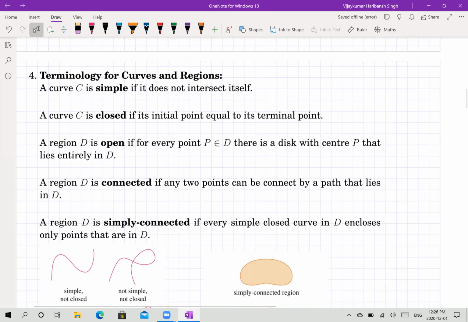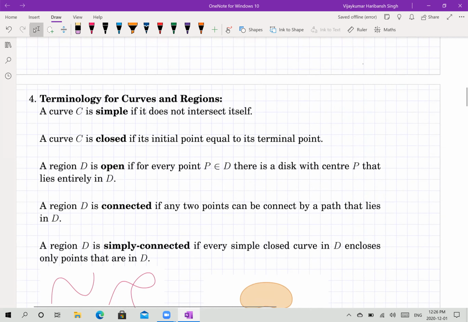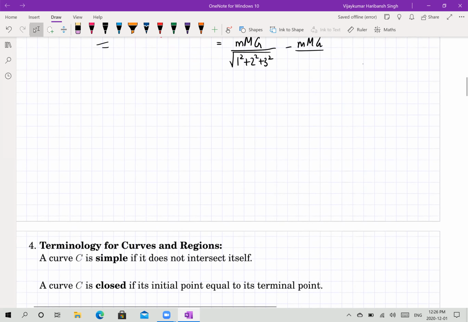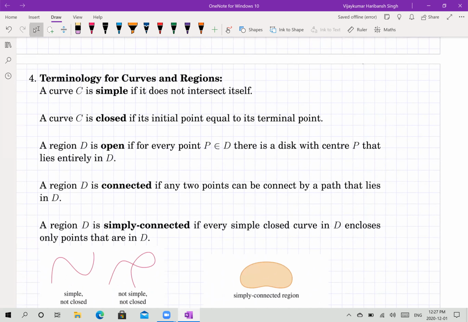Towards that, we need to build up some setup: certain terminologies for curves and regions. A curve C is simple if it doesn't intersect itself, except at the endpoint.